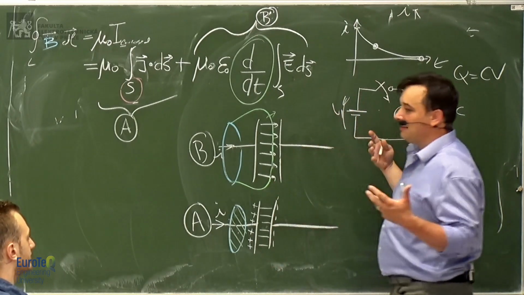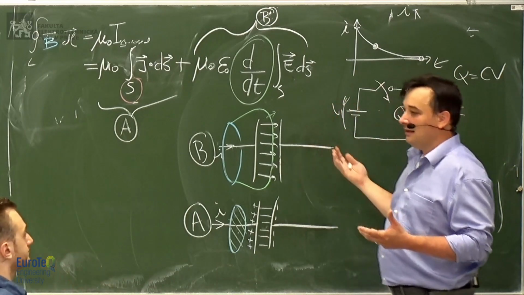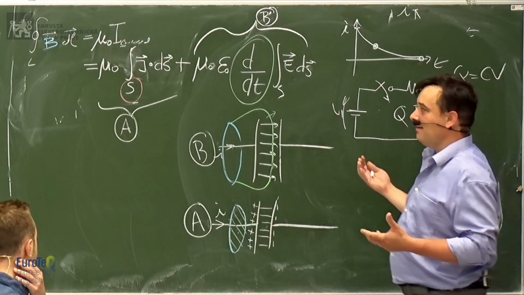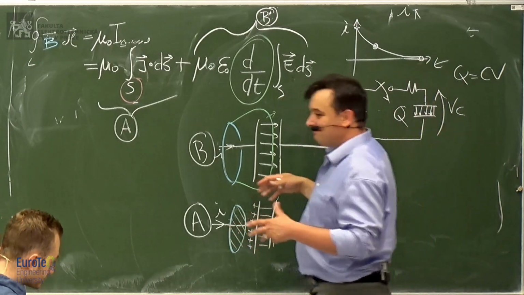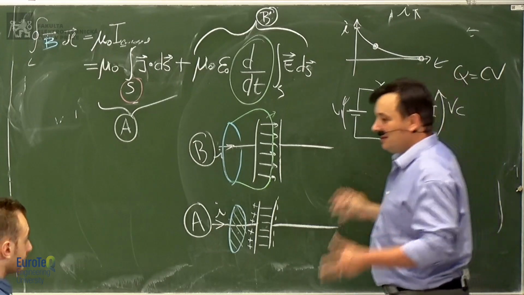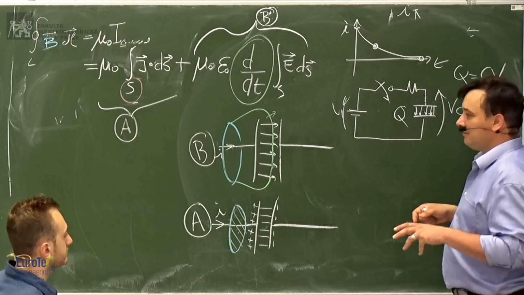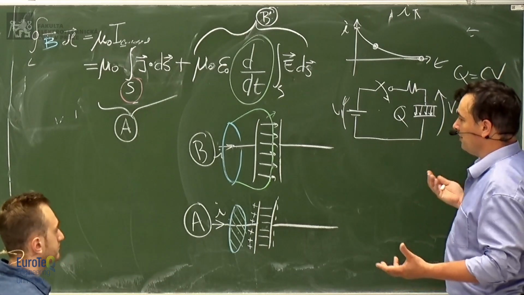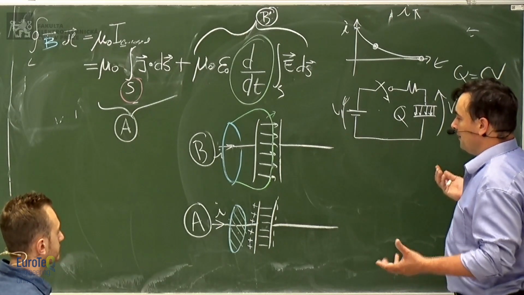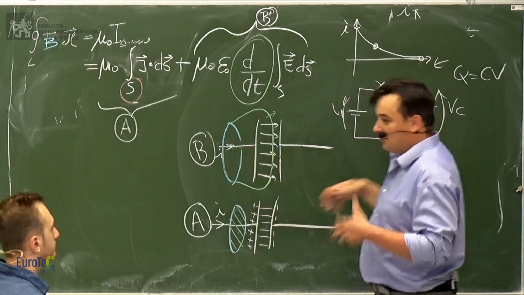You can say changing in time if you think of the electric flux. Maybe displacement current is not a good name. But again, let's not focus on the names. Let's focus rather on the concept. The concept is that you should always have something which holds with reality.